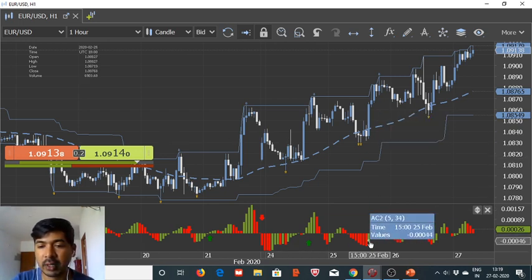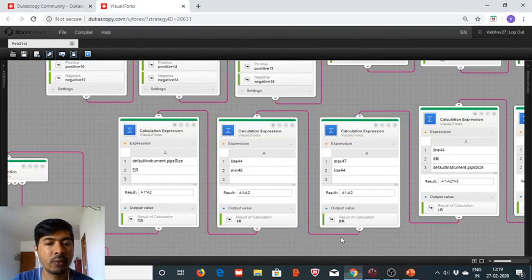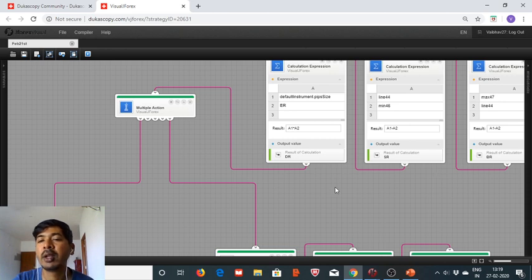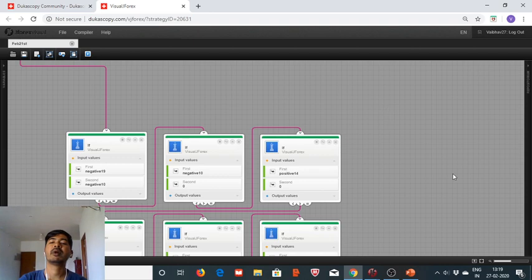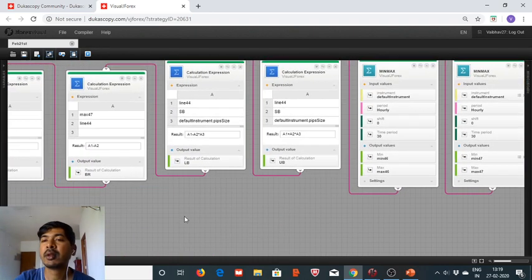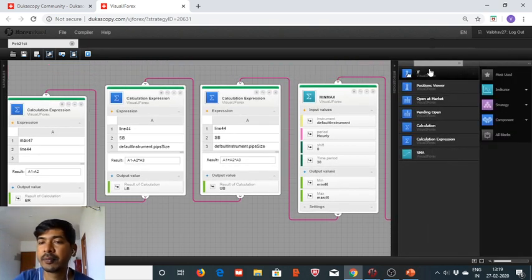So let's continue with our development here, and now what we will need to add is that we will need to bring in the if blocks and define the conditions. We have done these indicator blocks so far, and now we need to add the conditionals.